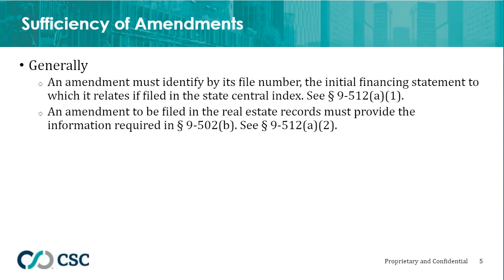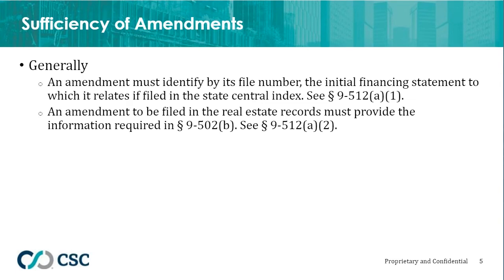If it is a fixture filing or other record that's filed in the real estate records, then the filer must provide additional information required by Section 9-502(b), which typically is what's required to get it filed in the land records. Like it has to indicate it's to be filed in the land records, has to contain a description of the real property, and so forth.